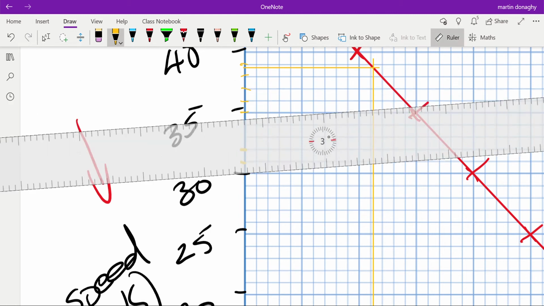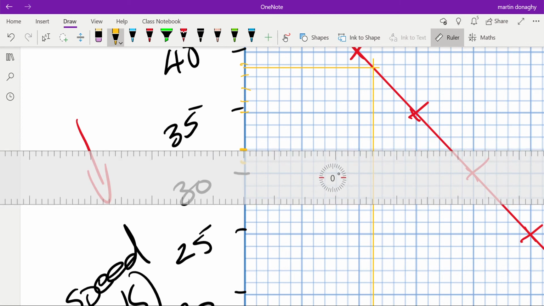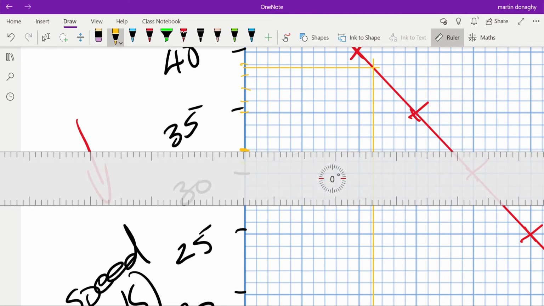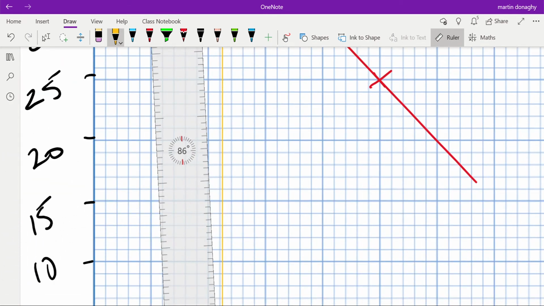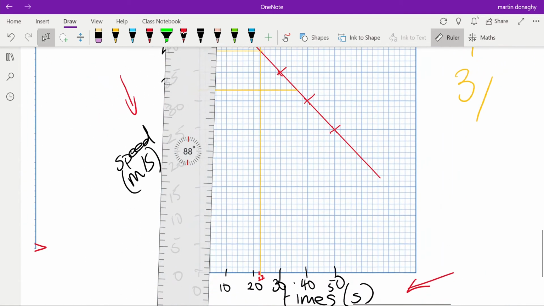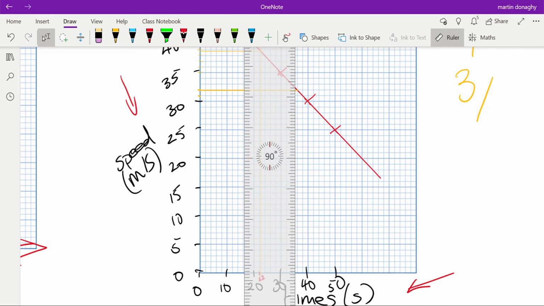Draw a cross with our ruler. Something like that. Draw it down with the ruler then. Somewhere about there, roughly.